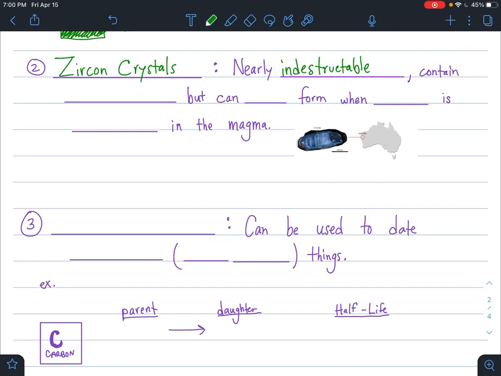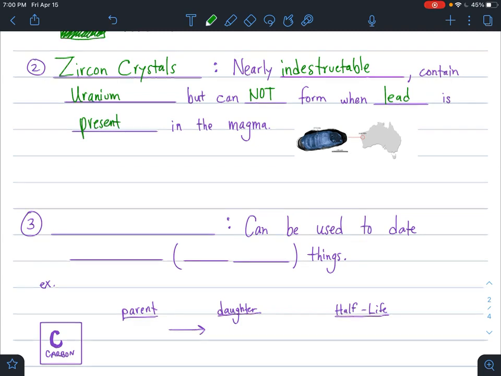These zircon crystals contain uranium, which is one of those radioactive elements, but they cannot form when lead is present in the magma.